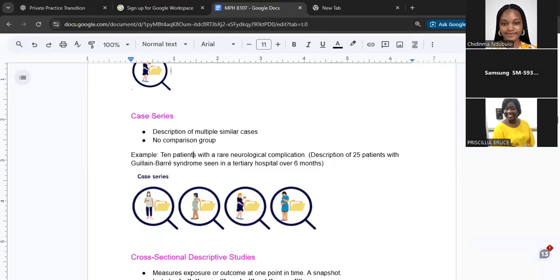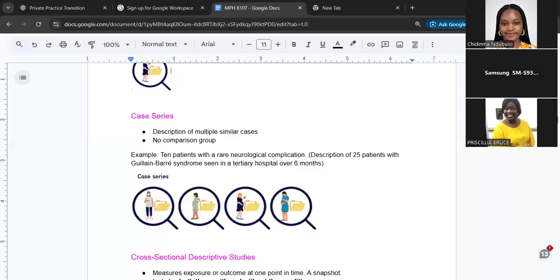So it's no longer going to be called a case report. It will now be called a case series. And basically what happens there is to explain what my eyes saw. This is what I observed. So we see that case report and case series are similar.